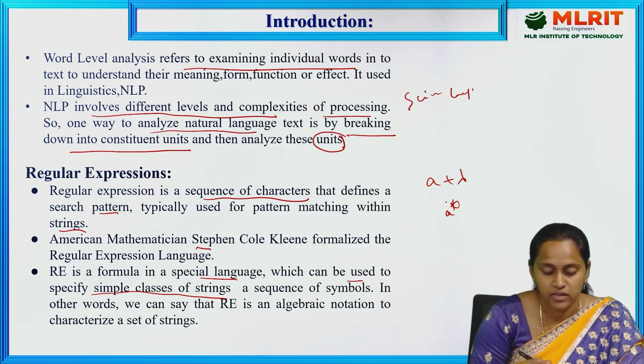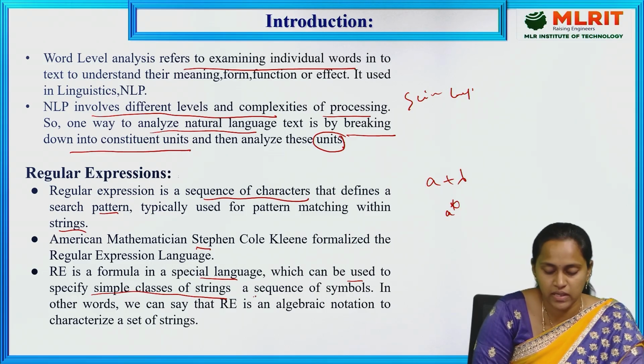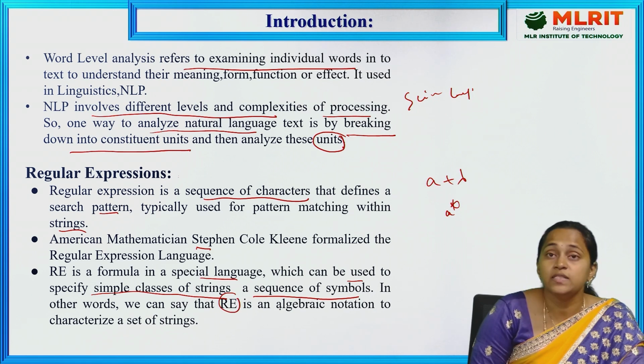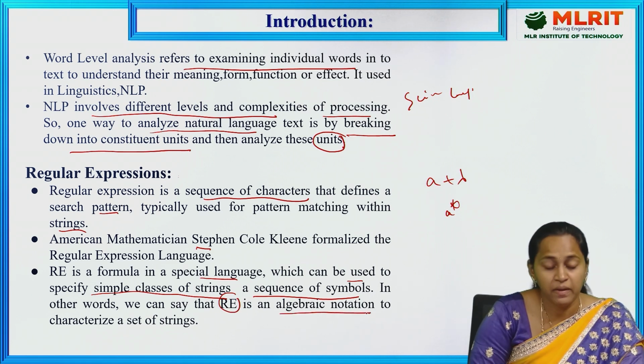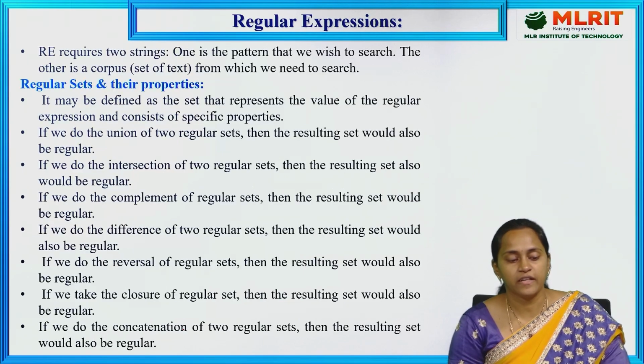These are some types of regular expressions, classifying strings as sequences of symbols. In other words, a regular expression is an algebraic notation, mathematically, for a set of strings. This is called a regular expression.